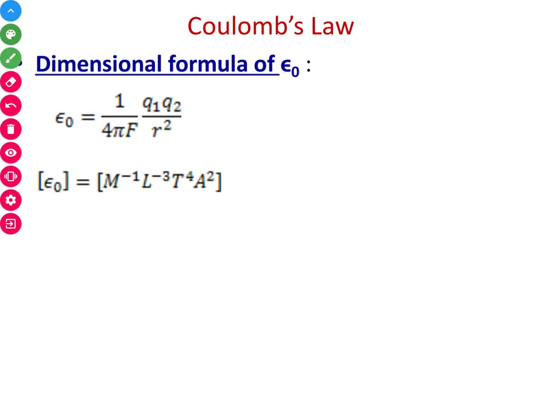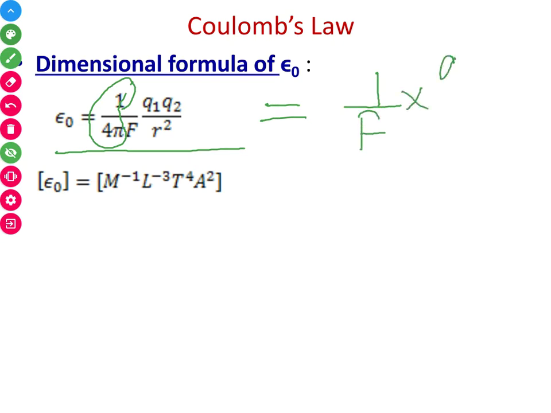Now the dimensional formula of epsilon naught we can easily find out with this expression. If we want to find the dimensional formula, then 1 upon 4 pi is basically a constant, so it has nothing to do with it, and the relation is reduced to 1 upon F into Q1 Q2 upon r square.